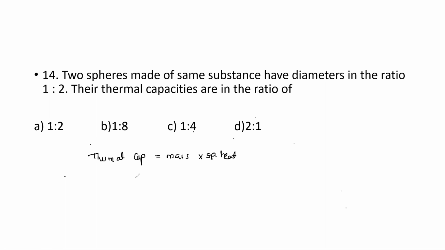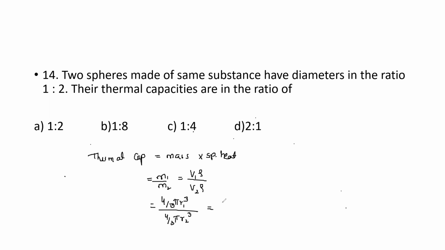So for the same substance, we can write m1 divided by m2 is equal to v1 rho divided by v2 rho. Volume is 4 by 3 pi r1 cube divided by 4 by 3 pi r2 cube.